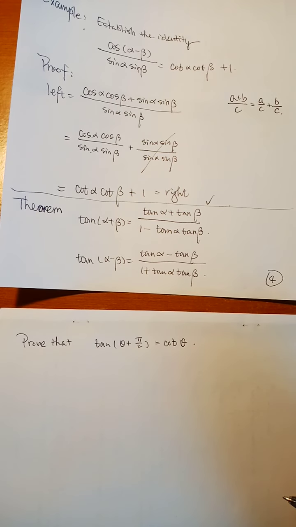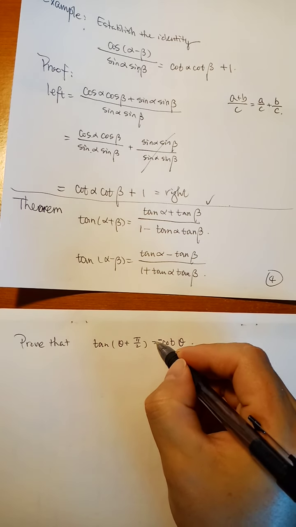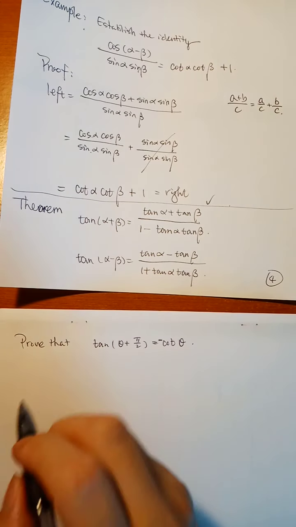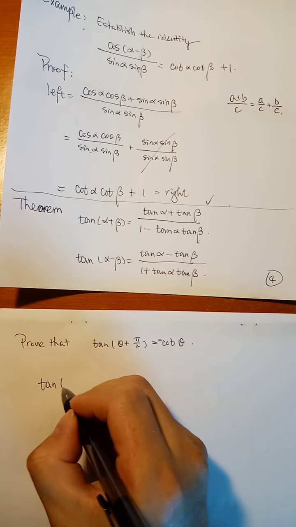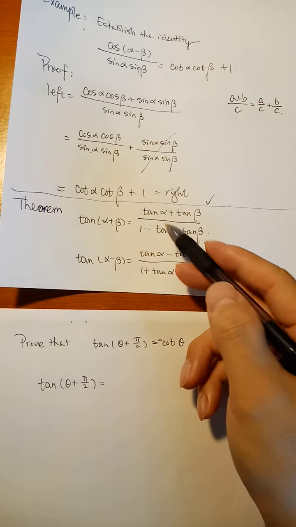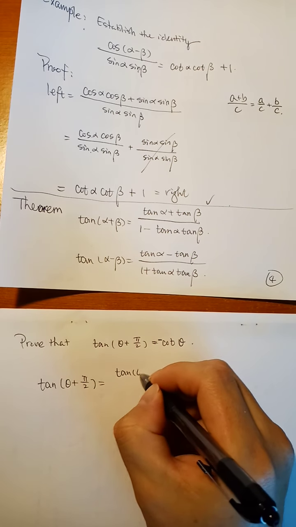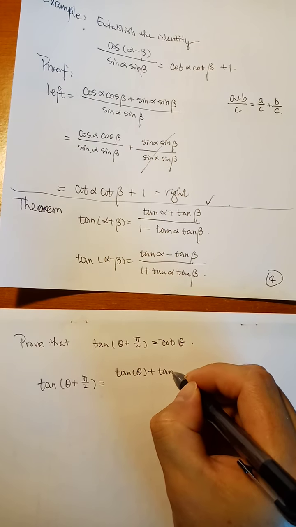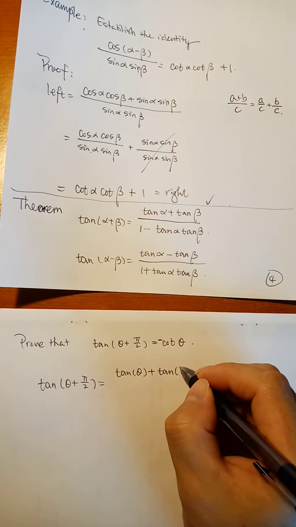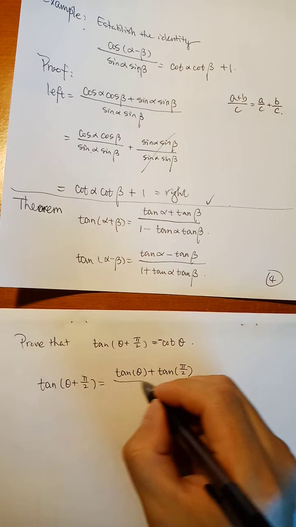Tangent of theta plus pi over 2 is negative cotangent theta. So how? Follow the table, you get tangent theta plus tangent pi over 2. Then you see this will give us a problem.